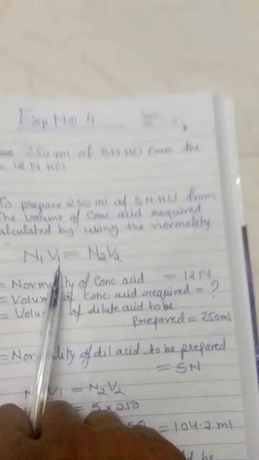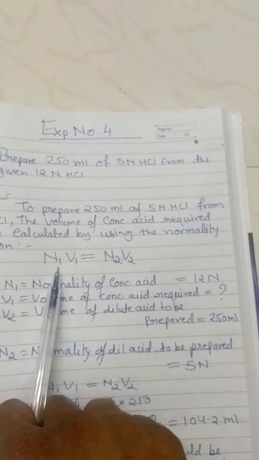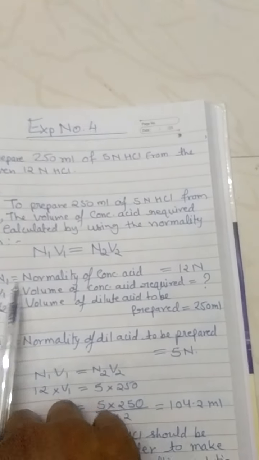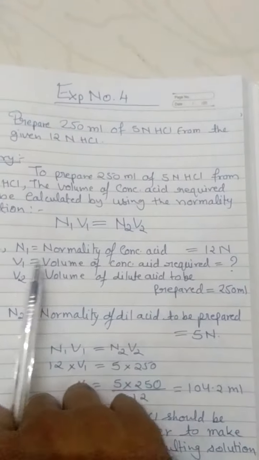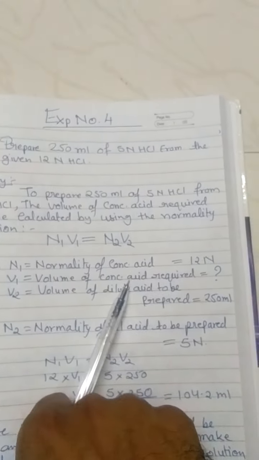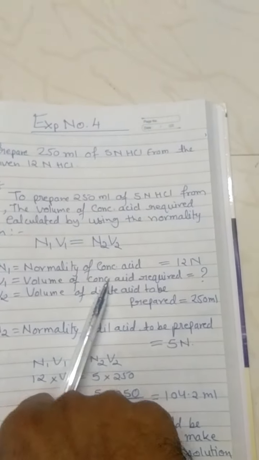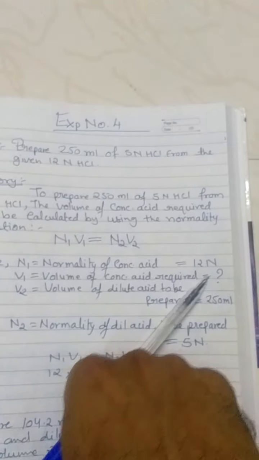You see, the normality equation is N1V1 = N2V2. Here N1 is the normality of the concentrated acid, which is 12 normal, and V1 is the volume of concentrated acid required, how much volume we will dissolve in 250 ml. So this we have to find out.